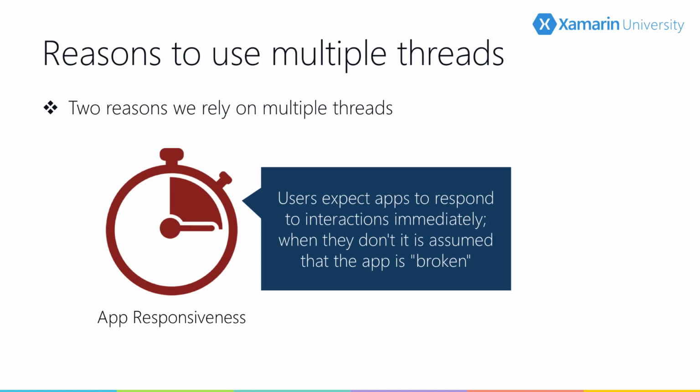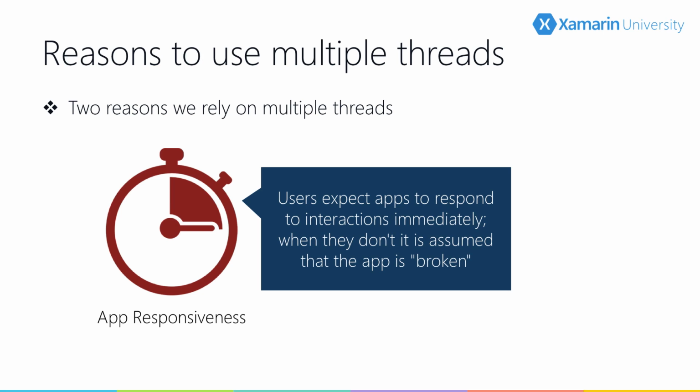The main thread in our app, or the UI thread, is responsible for handling all the user interaction. If you tap a button, it's the main thread that's going to handle that. The main thread is also responsible for updating the user interface. And if some system event occurs, all of this is getting handled by the main thread.